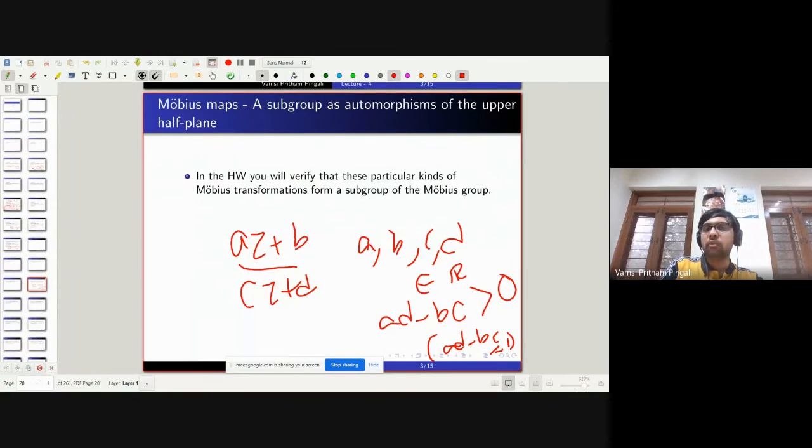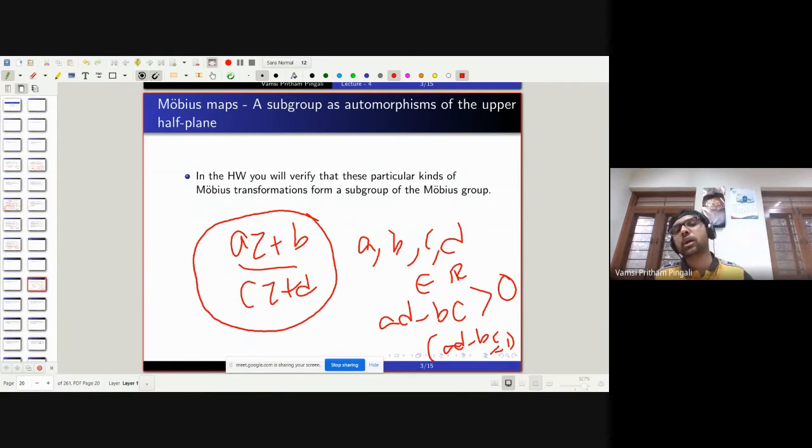These actually form a subgroup of the entire Mobius group. In other words, if you compose them, you get similar Mobius maps. The inverse of this sort of a Mobius map is also of this type. These are the only things that are necessary. And Z goes to Z is such a map.